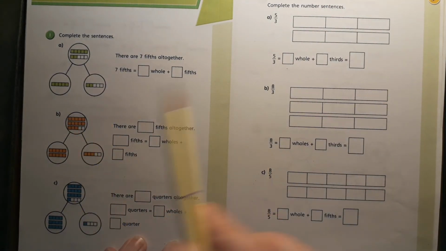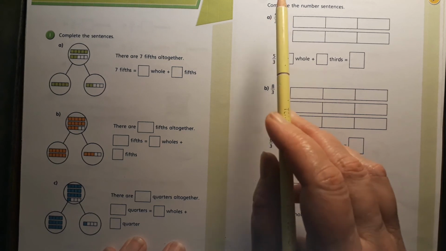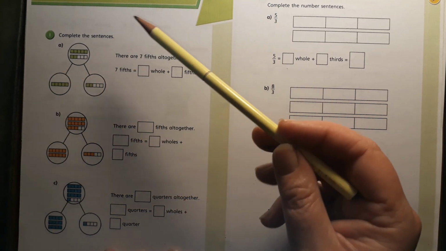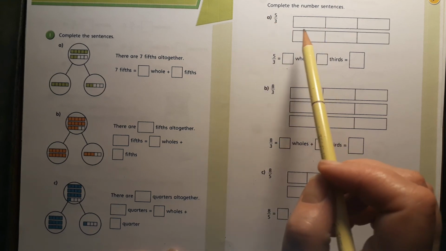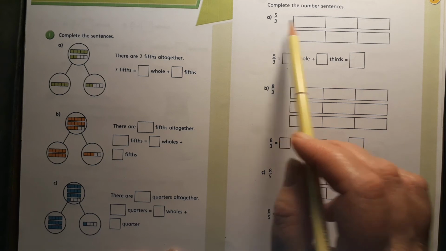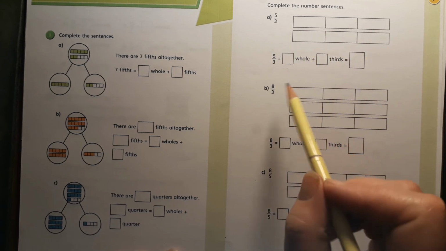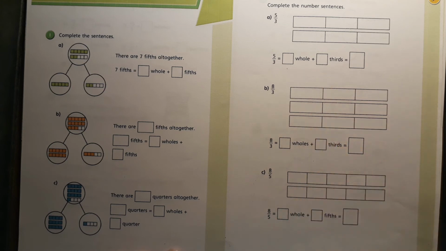So here is the sheet, okay, and what the sheet does is actually go back in one step. So you should be able to complete these ones quite easily. For question 2, complete the number sentences. 5/3 would be the same as how many wholes and how many thirds.